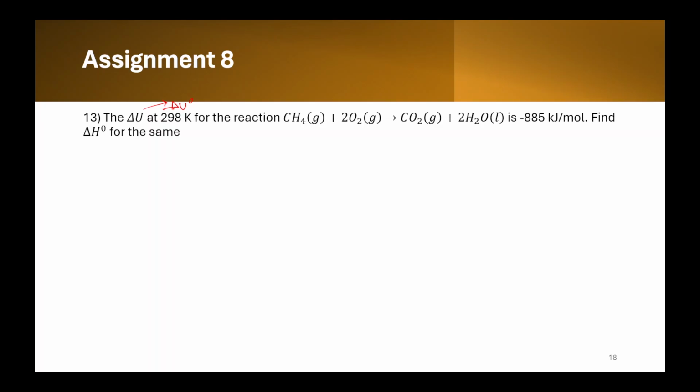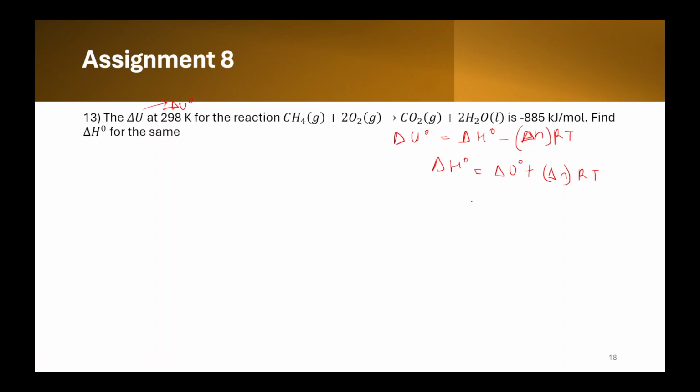So again, delta U naught is given to us. So we can write delta H naught is delta U naught plus delta n RT.